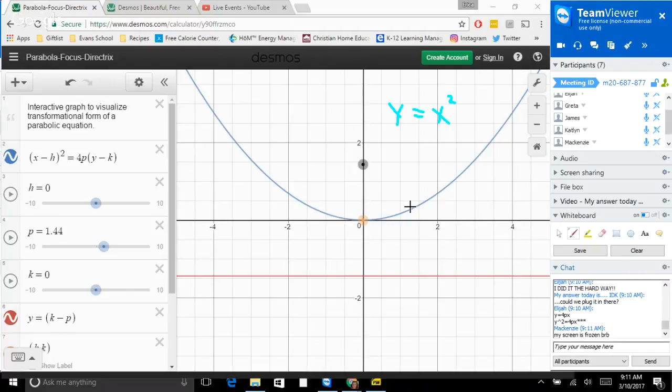Or it could be x squared equals y. Those are two different parabolas that go different ways. We're going to get more complicated than that, but these are two of the major parabolas.